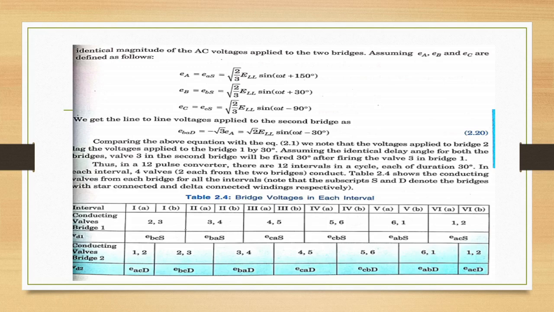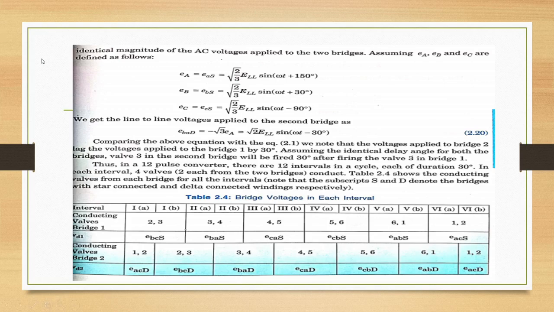So in a 12 pulse converter, there will be 12 intervals in a cycle, each of duration 30 degrees. In each interval, 4 valves will conduct. This table shows conducting valves from each bridge for all intervals. Subscripts S and D denote bridges with star connected and delta connected windings respectively.